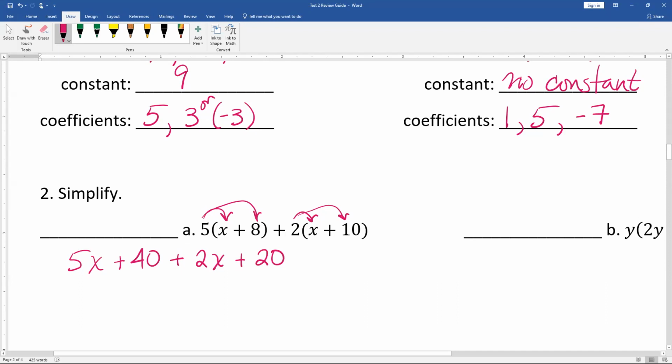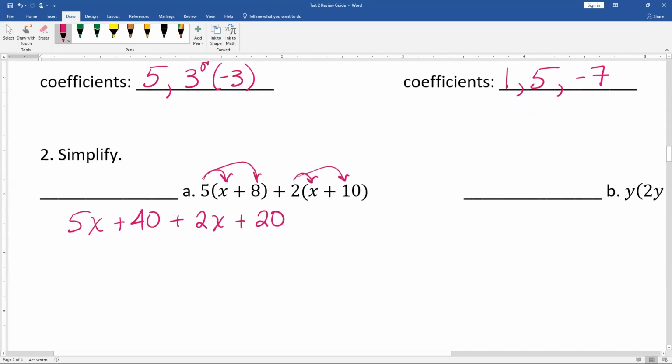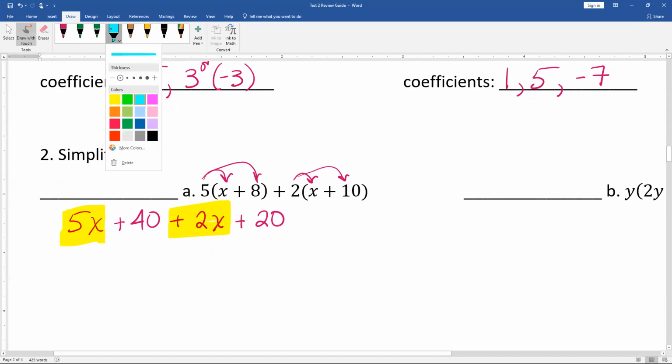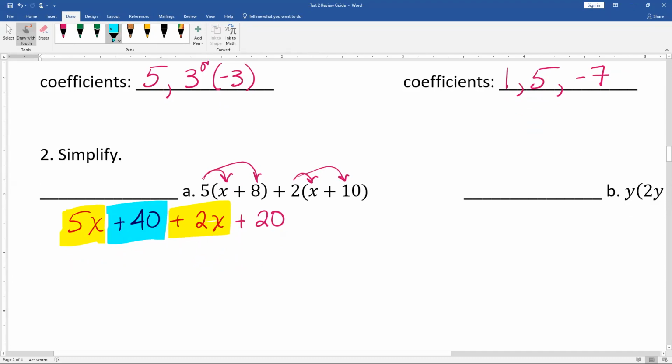All right, so what are my like terms here, Julian? So I've got a 5x plus a 2x, and then I've got a positive 40 plus a 20. So we use the commutative property to put like terms together, 5x plus 2x plus 40 plus 20.